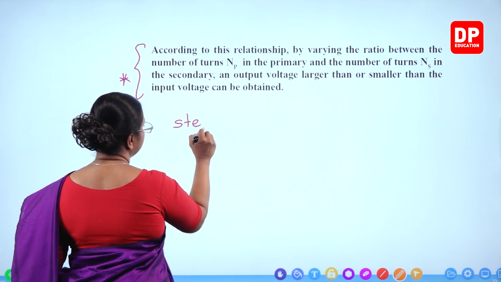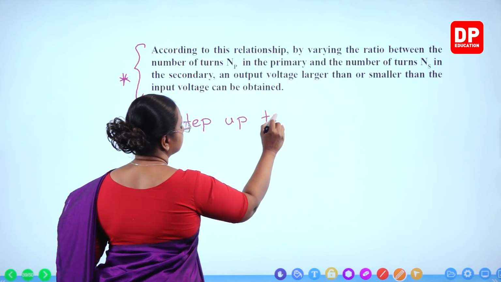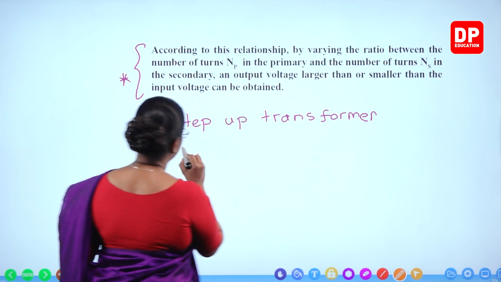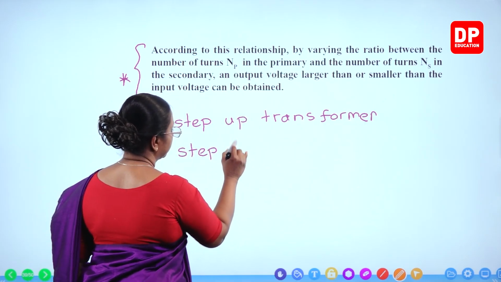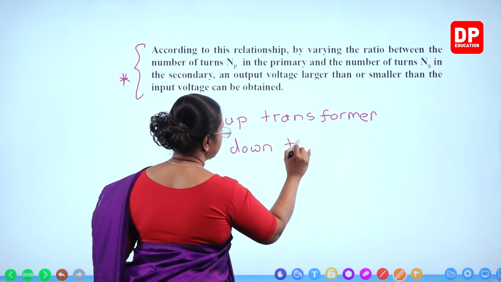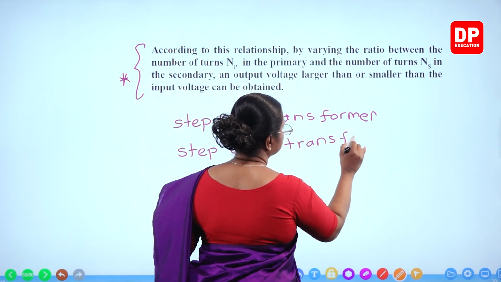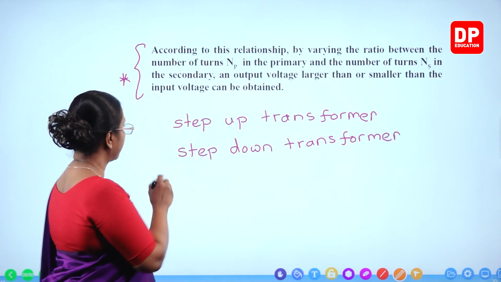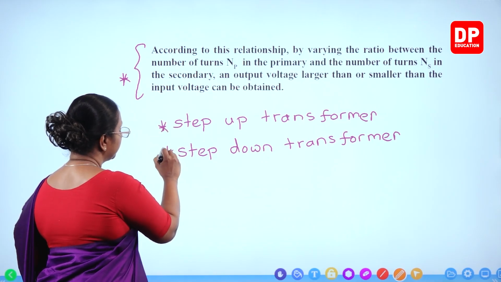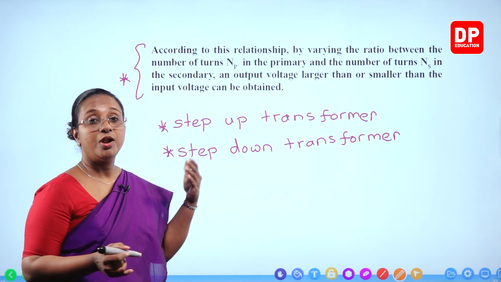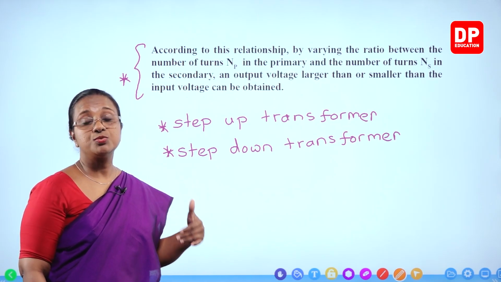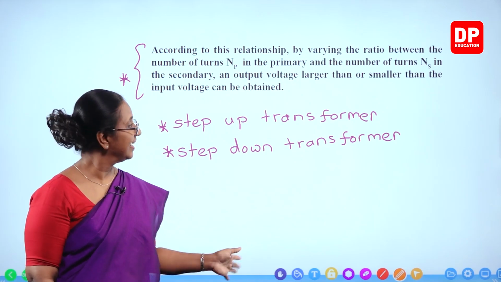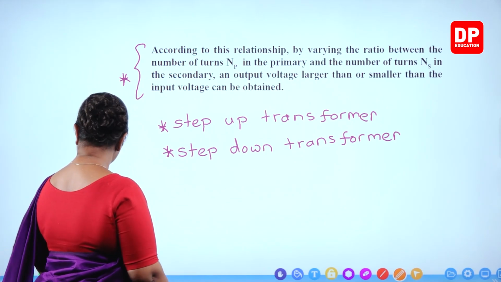So we have two types of transformers based on whether the output voltage is larger or smaller than the input voltage. I'm sure you all can understand that. With that, I'll move on to the next slide.